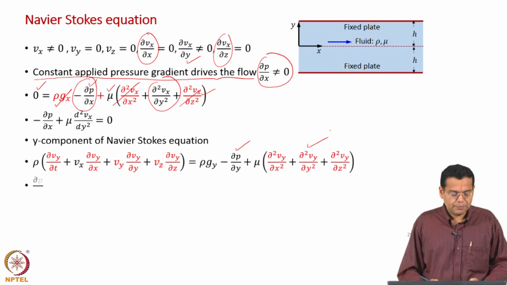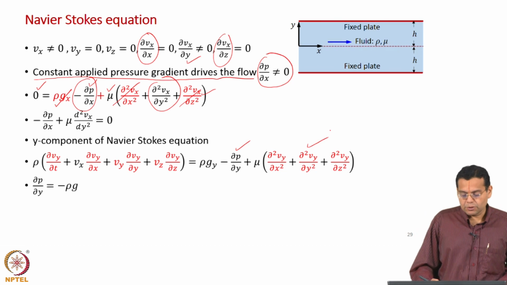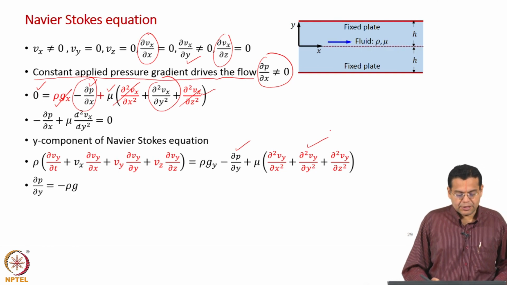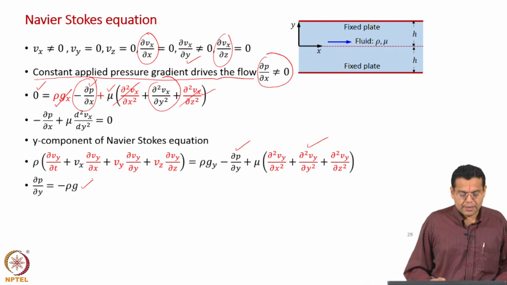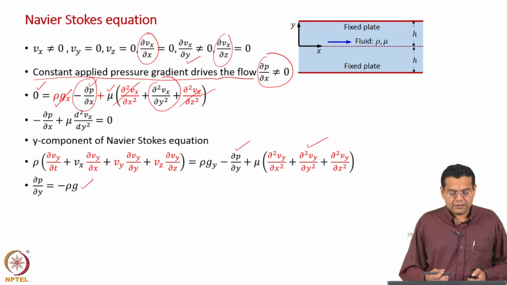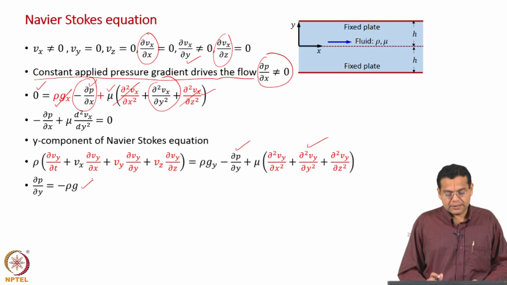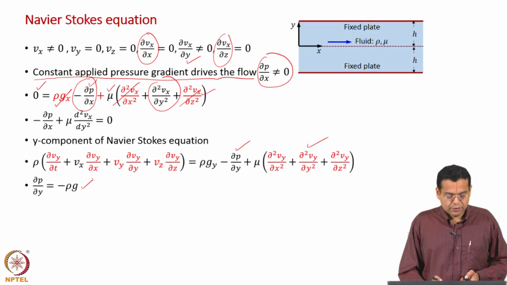So, the y component simplifies to ∂p/∂y is equal to minus rho g. Once again this particular part, the y component of Navier-Stokes equation, is same as what we have seen for the planar Couette flow case.